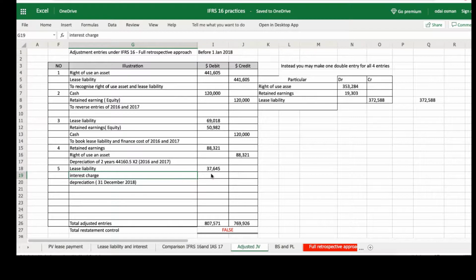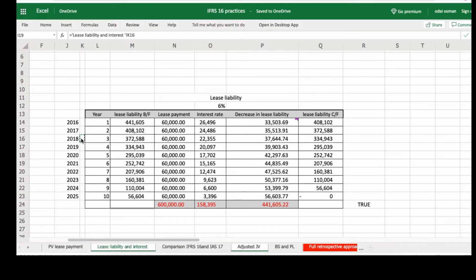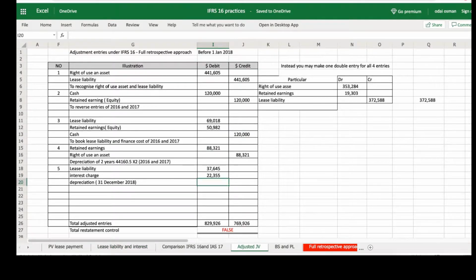We have to make an entry for that one also. The finance charge, and this is charged in the profit or loss account.